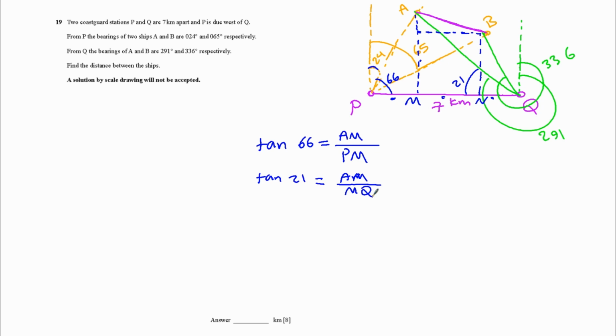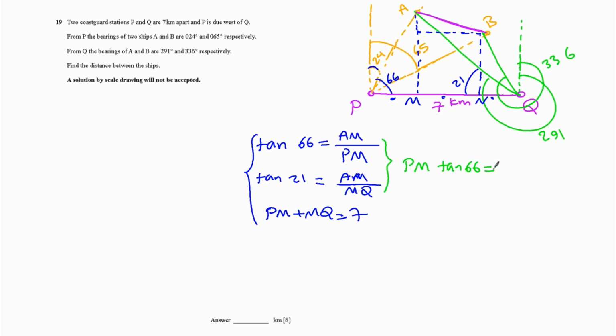So by combining these equations in here, I can first of all equate AM to each other. So I take the AM from the top equation and equate it to the equation in the middle. So from these two, AM from the top one would be PM tan of 66 equals MQ tan of 21.